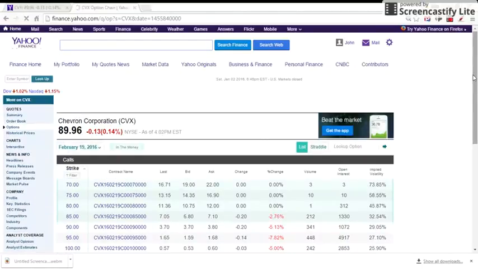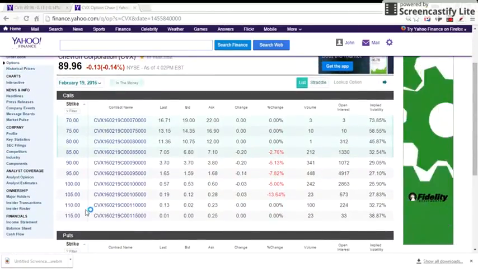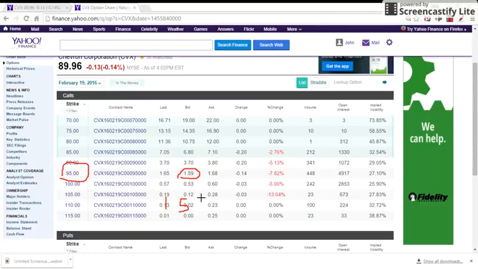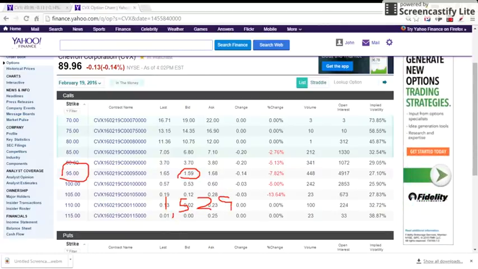Okay. So I give somebody the right to buy my shares of Chevron at 95. I get $1.59 premium. Okay, so that would be $159 in my wallet right now, even though the stock is at 90. It's a waiting game.